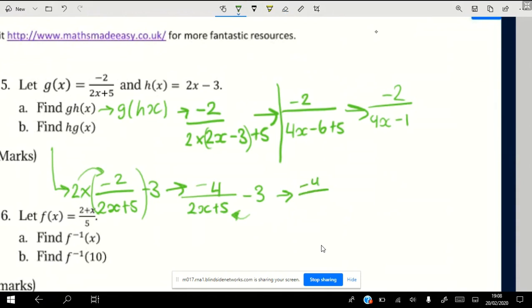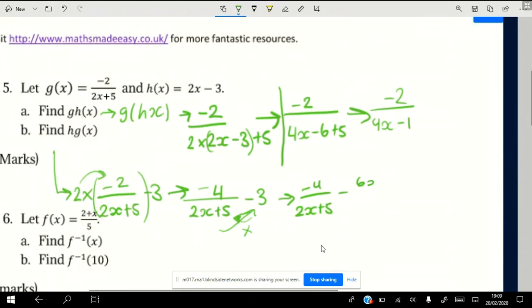So it's minus 4 over 2x plus 5 minus 3. So I'd multiply this by this. Yes, multiply and divide because you have to make the denominator the same. So I get 6x. Yes. Yeah, right? Yes, that's good.